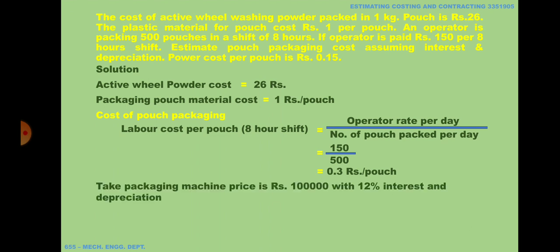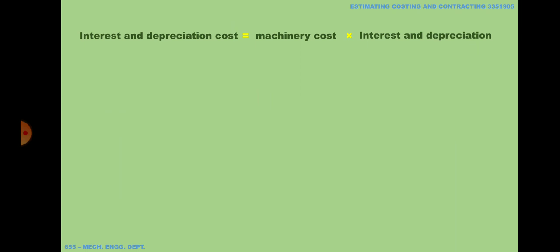Taking the packaging machine price as rupees 1 lakh with 12% interest and depreciation, interest and depreciation cost is equal to machinery cost into interest and depreciation, which is equal to 1 lakh into 12 by 100, which is equal to 12,000 rupees per year, or 1,000 rupees per month by dividing by 12.